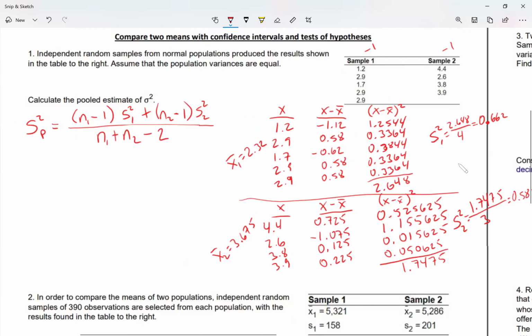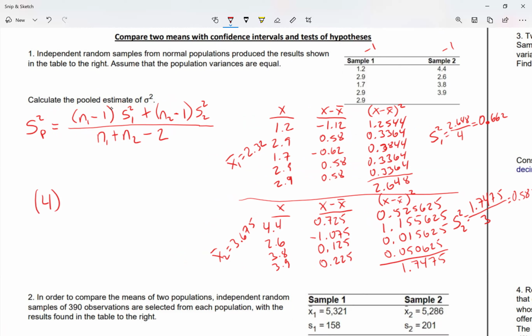Now I can calculate the pooled estimate of the variance of my 2 samples. Remember, I'm using the formula.